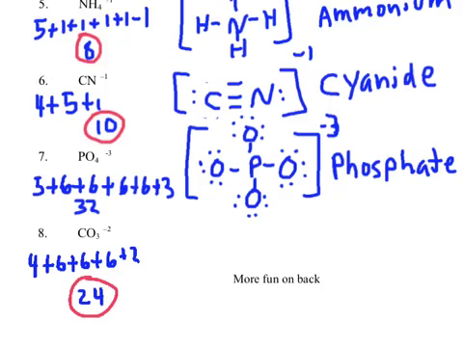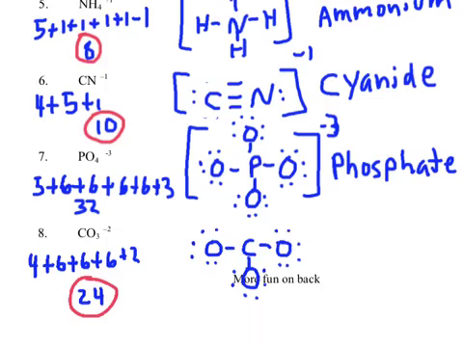We're going to put the carbon in the middle. We're going to put oxygens around it. We're going to connect them to the middle with single bonds. So we've used up 6 of our electrons, so we go 8, 10, 12, 14, 16, 18, 20, 22, 24.